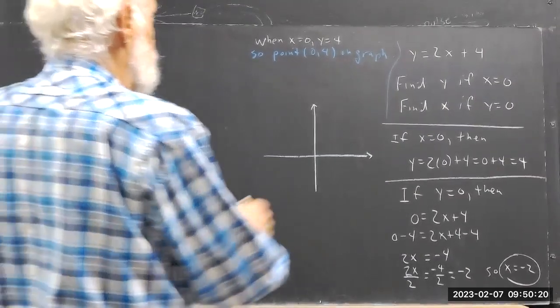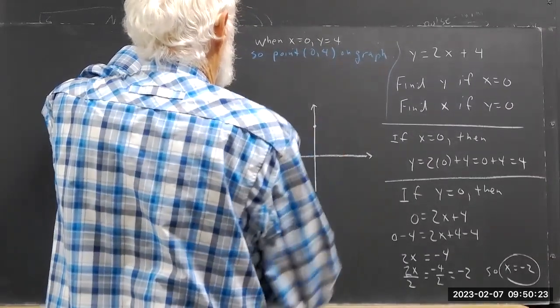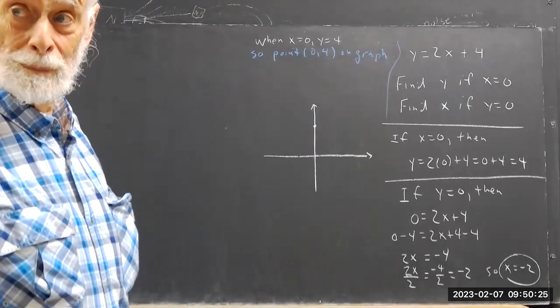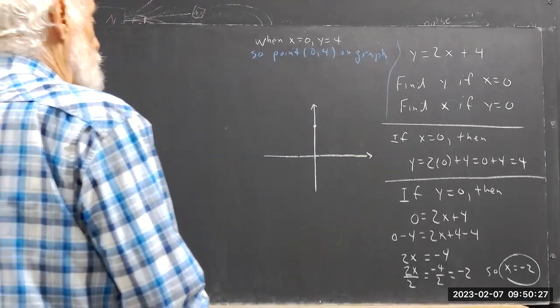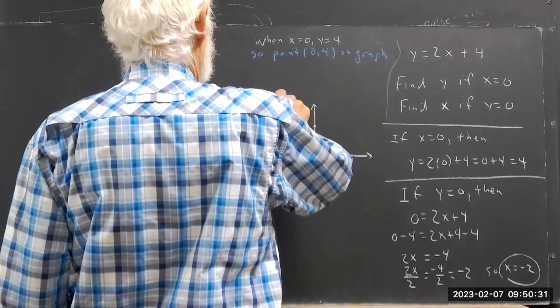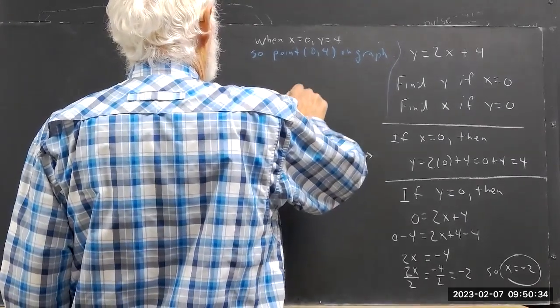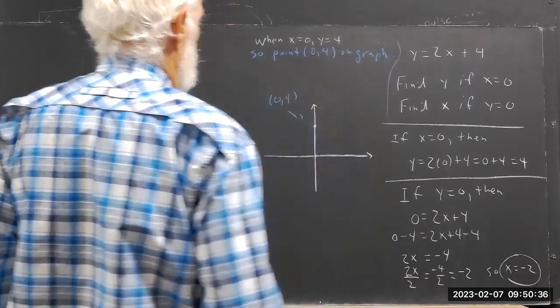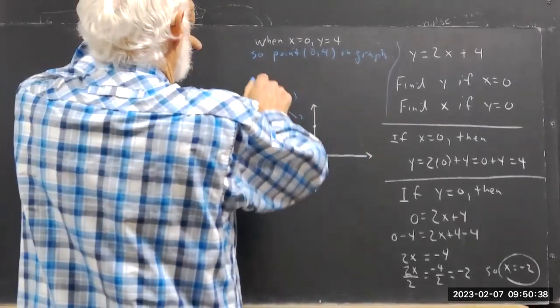So we put the point 0, 4 on the graph and we label it. I'm going to anticipate where it is. I'm going to label this 0, 4.